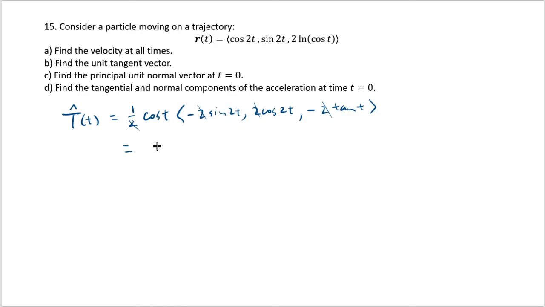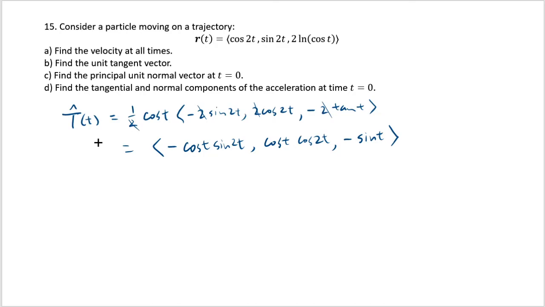Also, if I multiply this inside, you get negative cosine t sine 2t, cosine t cosine 2t, and finally tangent is sine over cosine, so if you multiply by cosine, the denominator gets removed and you just get negative sine of t.